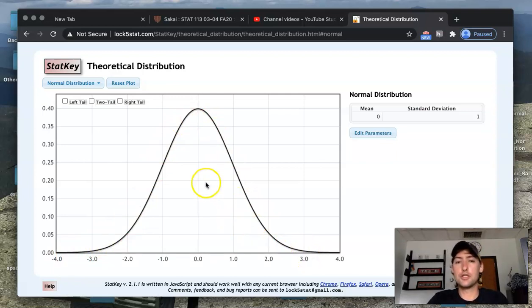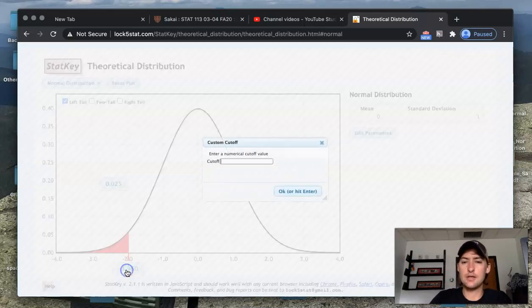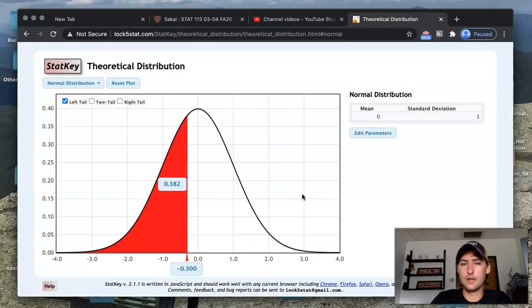We could always just leave it like this, and instead of entering in the raw baby weight, which was 6.4, we could enter in the z-score and come up with the same exact conclusion. So I'm going to change this bottom thing. The z-score of that woman who gave birth to the 6.4 pound baby was negative 0.3. And you'll see, just like magic, we get the same exact result.